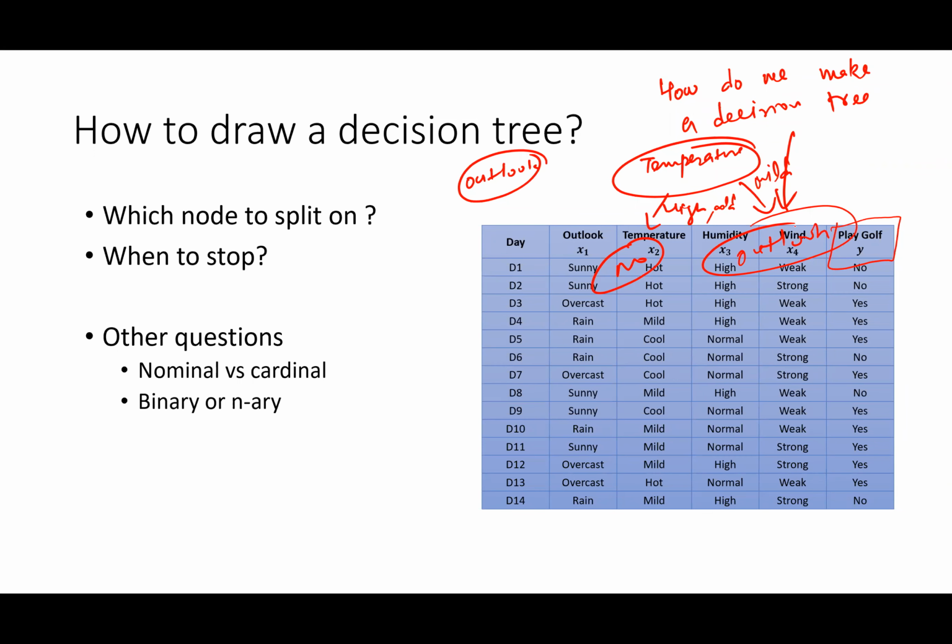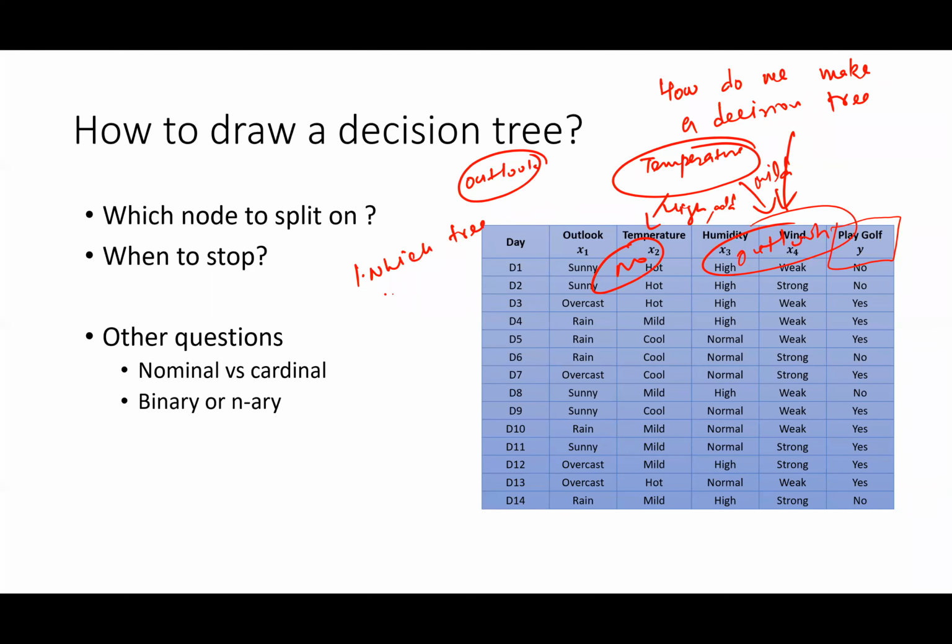Now, the second one is basically the whole iteration. How do we come up with a tree? And the other question is, where do we stop? How deep do we have to go in constructing a particular tree? So there are different questions. One is, which tree is better?